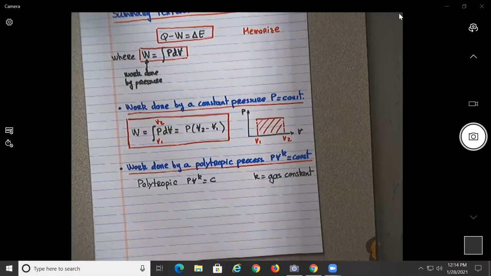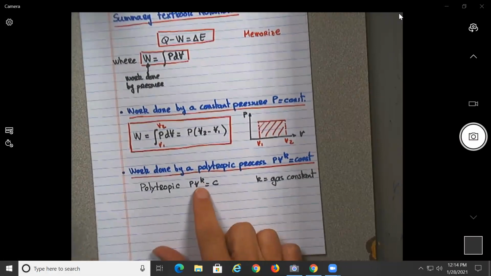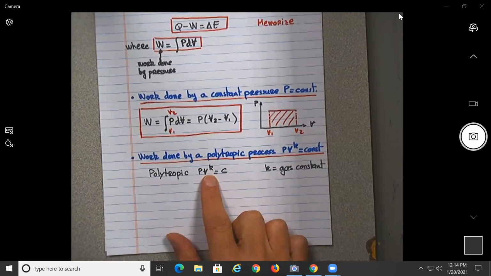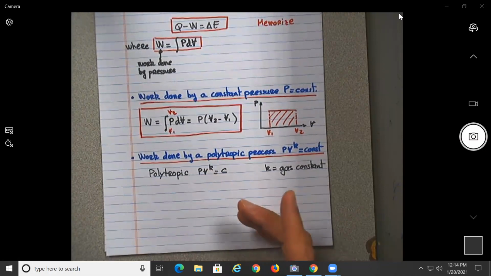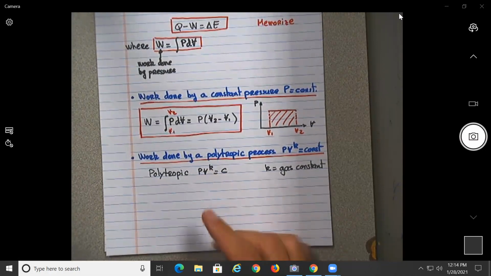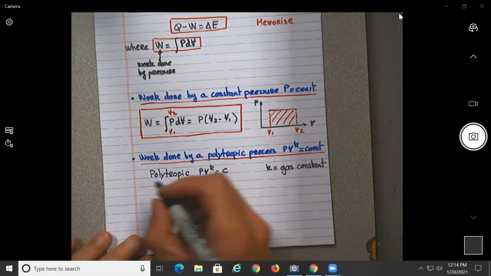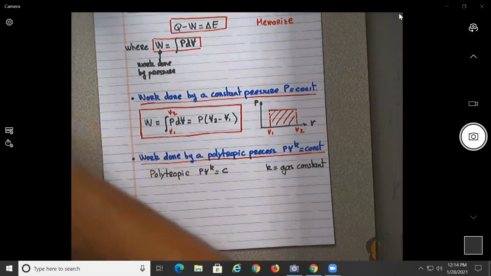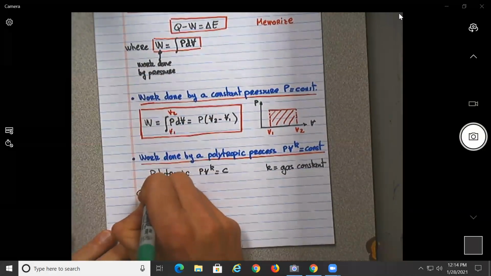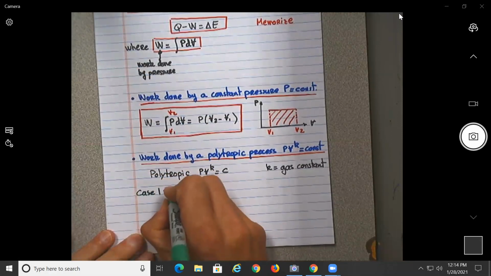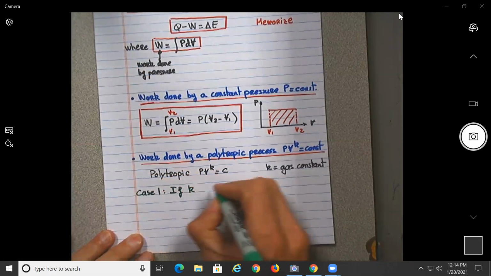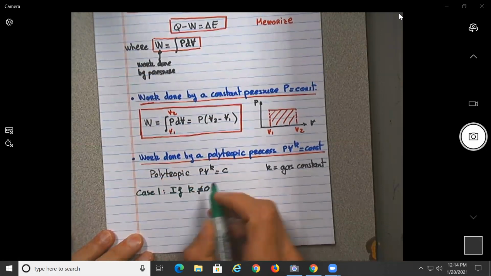Okay, so we have two cases. One case would be to say that K equal to 0, which will be PV to the K equal to PV now. And the other one would be to say K different than 0. So which one do you want to do first? K equal to 0 or K different than 0? Right, so let's say case 1, I decide, K different than 0, that's it.